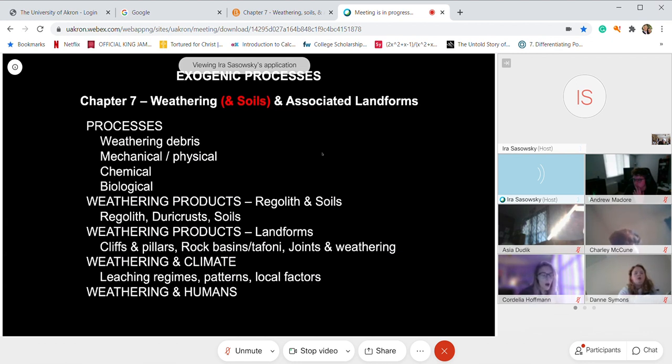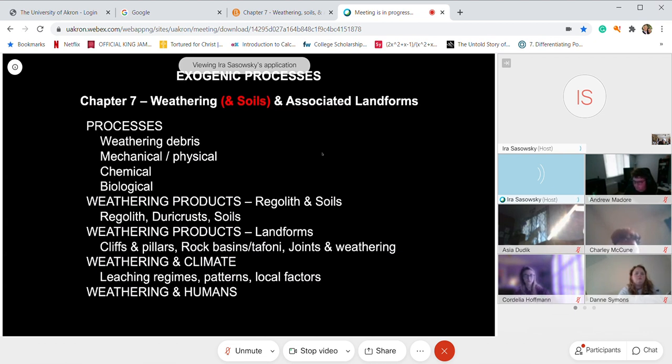And things like that are gibbsite and boehmite, which are aluminum hydroxides, hematite and goethite, those sorts of things. So really there's three states of weathering debris or weathering output that we are concerned with, which can then be moved away. We'll talk a little bit more about that when we get into our discussion on soils.